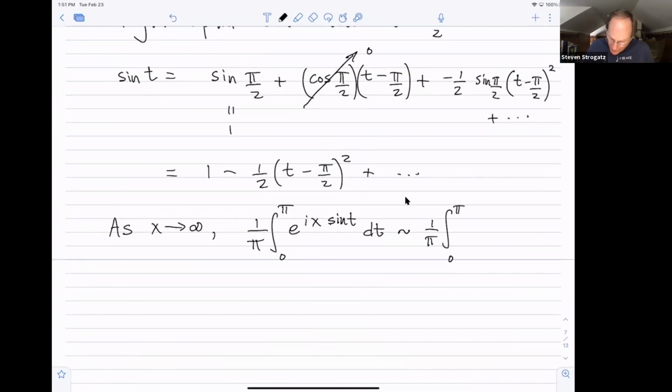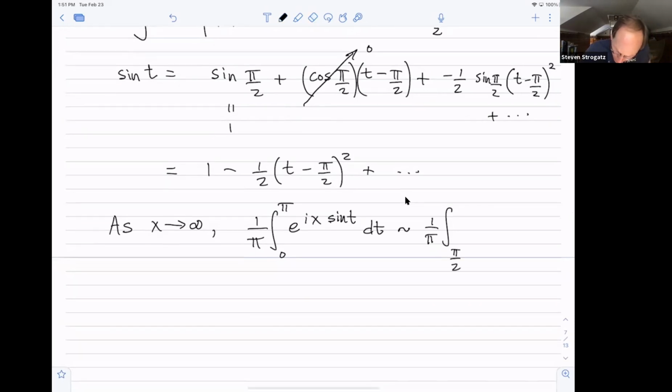So now, actually, let me take that back. Since I want to focus on what's happening in the neighborhood of the point of stationary phase, rather than say 0 to pi, I'm just going to go in a little infinitesimal neighborhood of this. So I'll go from pi over 2 minus epsilon to pi over 2 plus epsilon.